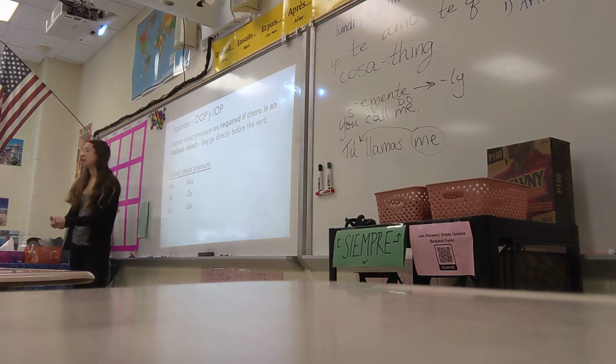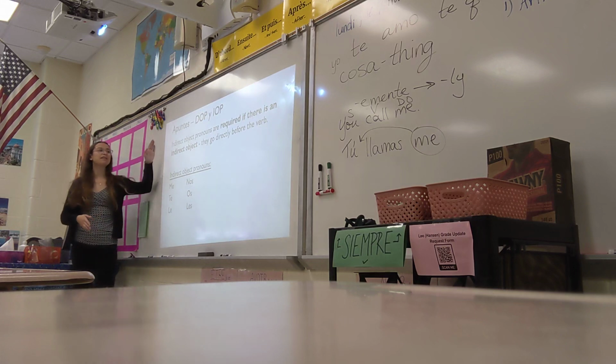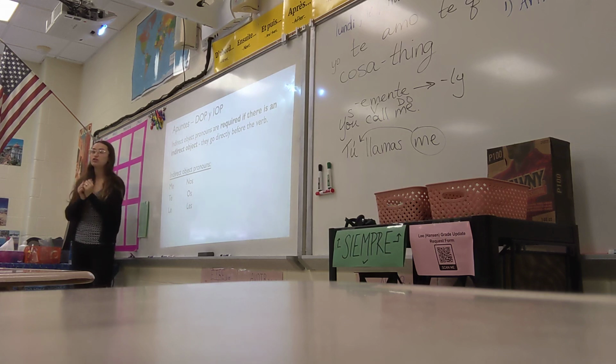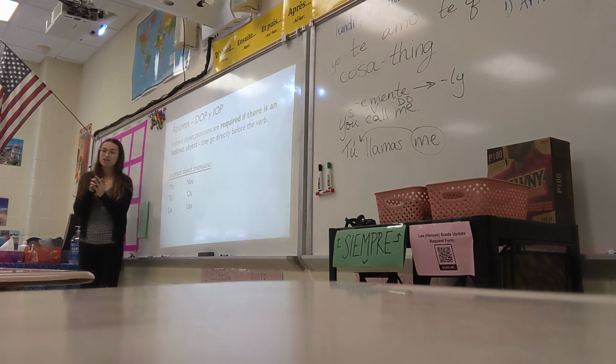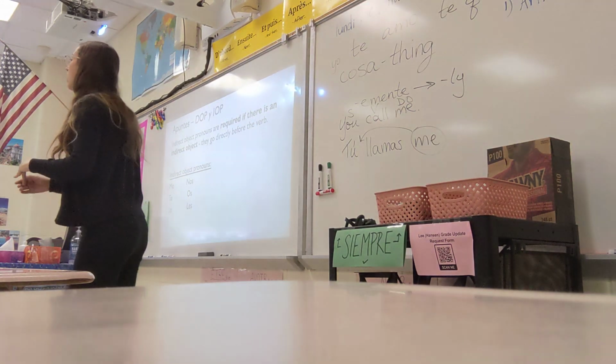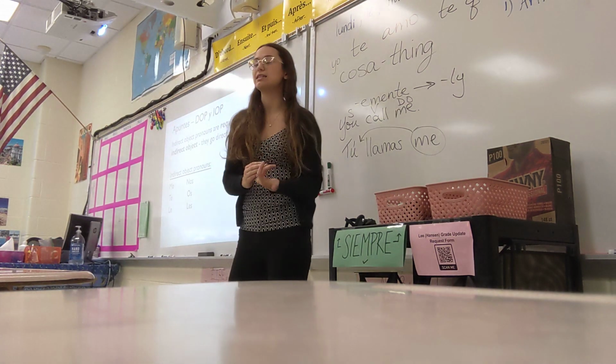Alright, so when we have an indirect object in a sentence, we always must include an indirect object pronoun, even if we also name the indirect object. So before, I could say, yo necesito la calculadora, or I could say, yo la necesito.